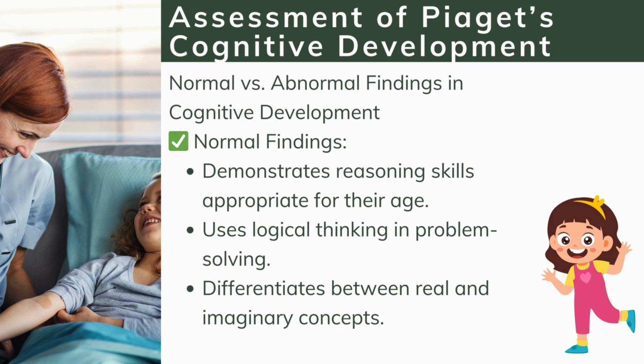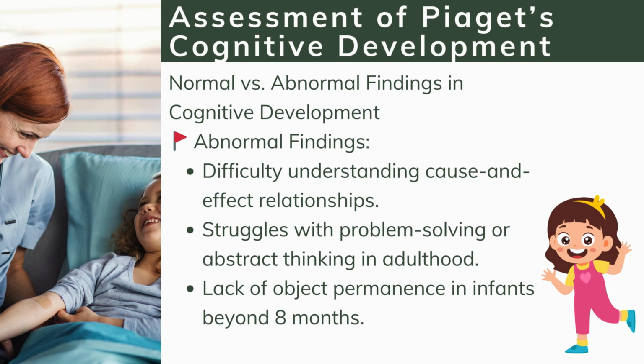Normal findings for this include age-appropriate problem solving and the ability to distinguish between real and imaginary concepts. Abnormal findings could include difficulty with abstract thinking in adulthood, lack of object permanence in infants over 8 months.